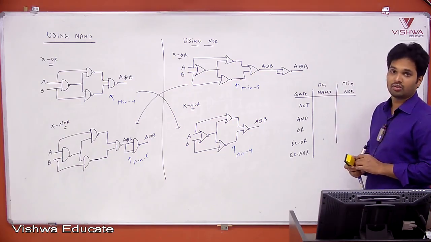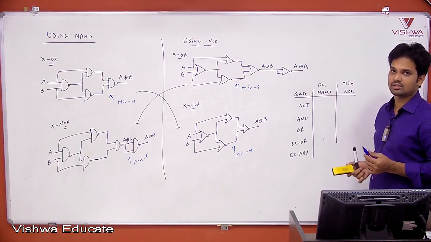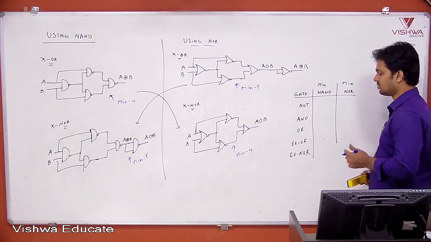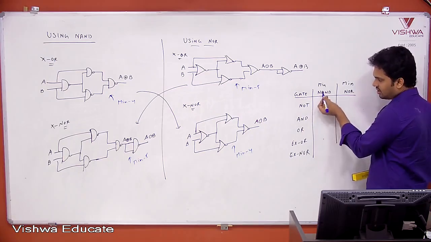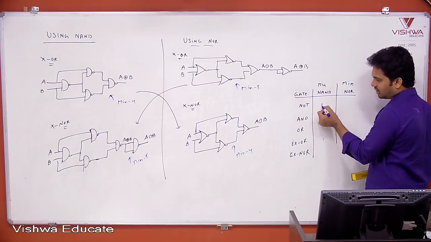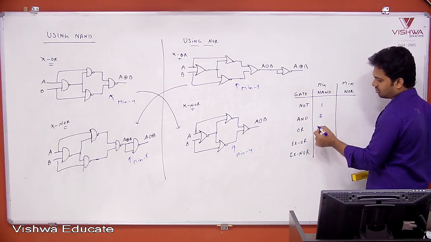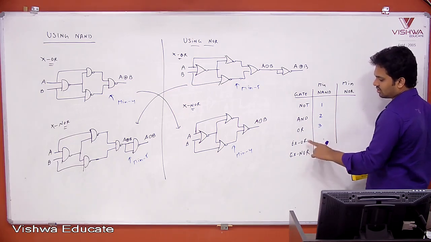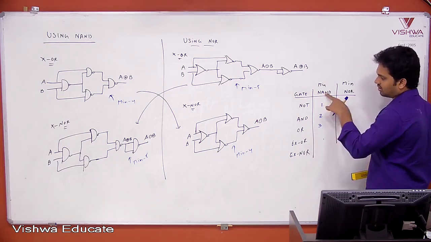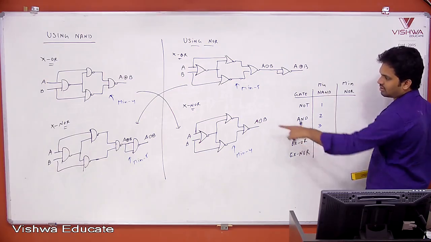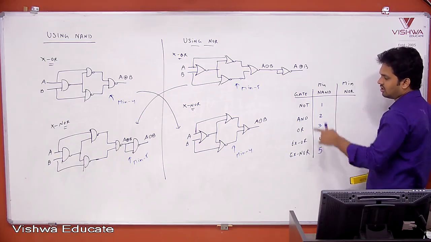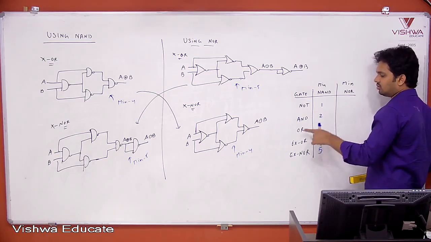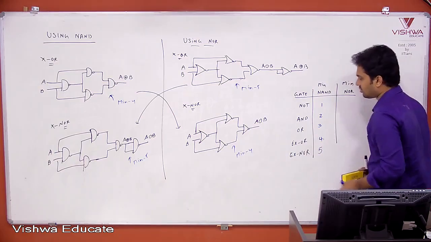How many NAND gates are required to make these? Already we have discussed in the previous lecture. Minimum NANDs required to make NOT gate 1, AND gate 2, OR gate 3, XOR. How many NAND gates are required to make XOR? To make XOR, I need minimum 4. To make XNOR, I need minimum 5. You can remember very easily. To make a NOT 1, AND 2, OR 3, XOR 4, XNOR 5.